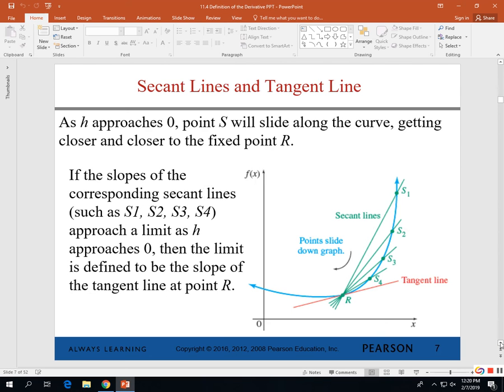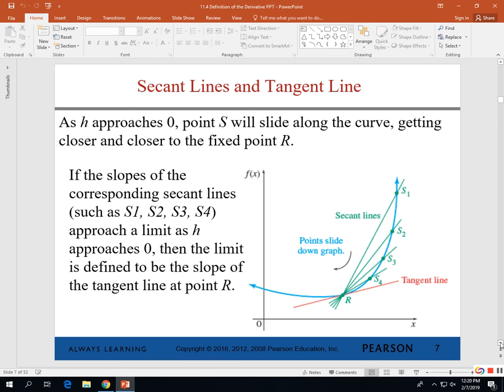So the takeaway on this is that what we're trying to do is use the idea of a slope, which is an average rate of change. If we slide the points for the average rate of change so close together that we almost can't distinguish the difference between them, the slope of that secant line becomes very, very close to the slope of a tangent line.